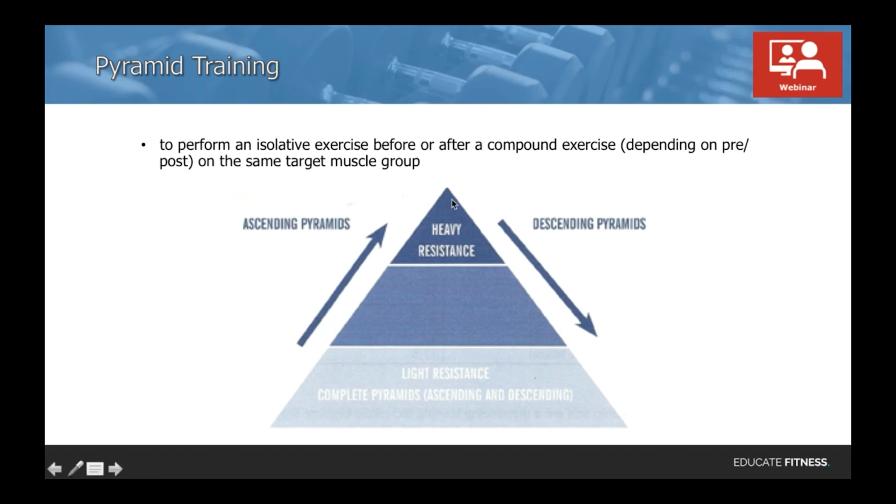Then you have a break. Then you make it lighter, 70 kilos, but now you can do more reps. 60 kilos for more reps, 50 kilos for more reps. So descending pyramids is the weight descends, but the reps increase.